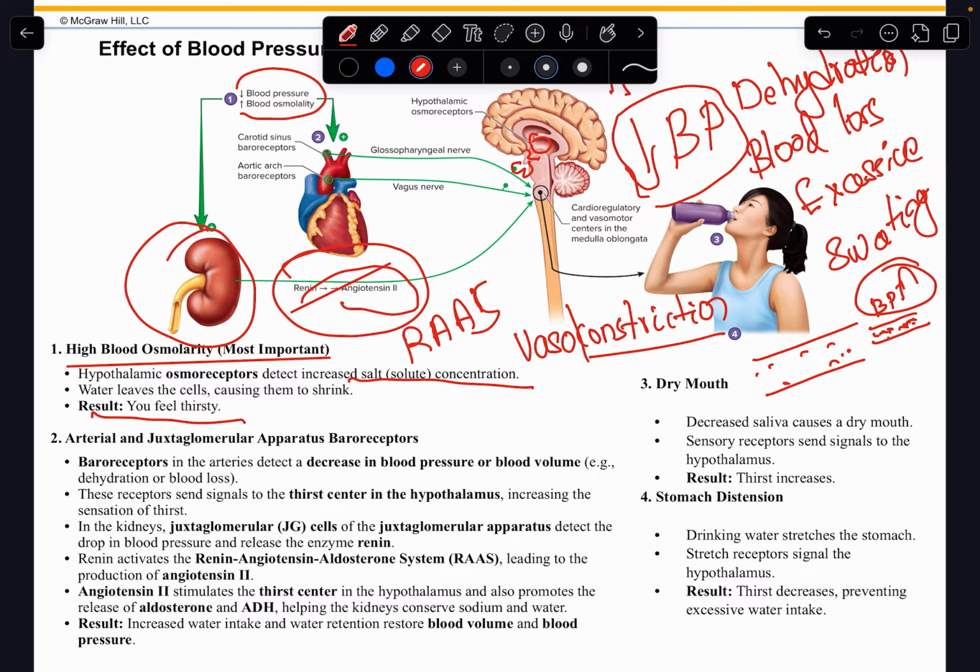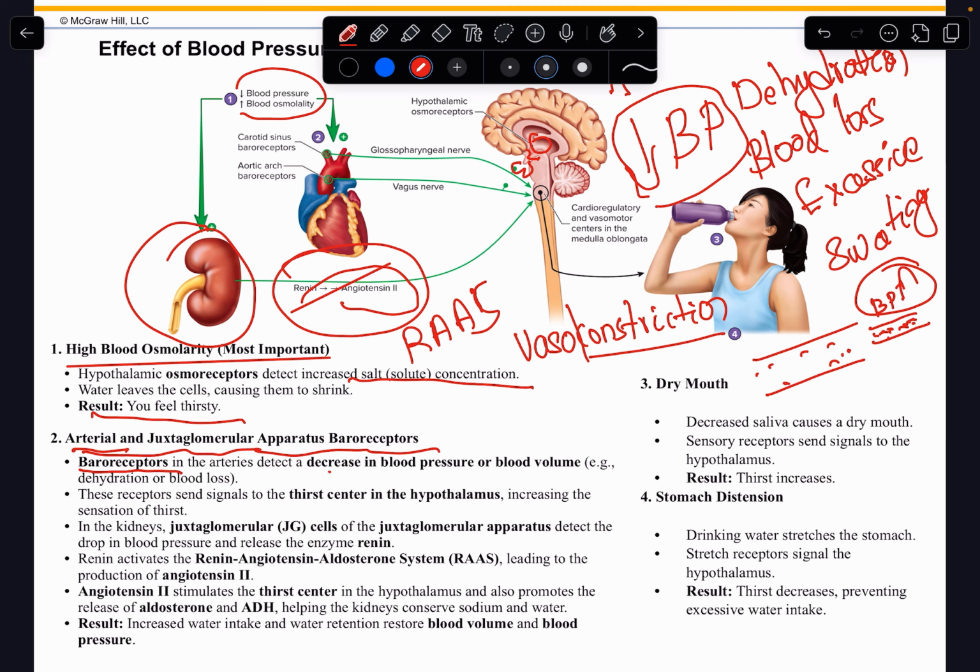The other one is the arterial juxtaglomerular apparatus baroreceptors. The juxtaglomerular apparatus you see in the nephron. They have baroreceptors, not osmoreceptors, baroreceptors in the arteries.